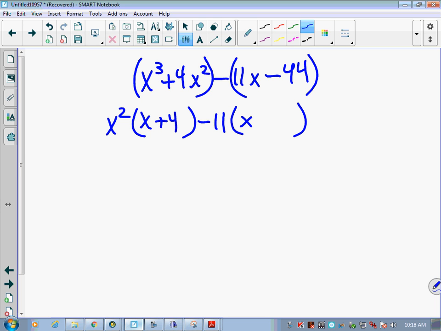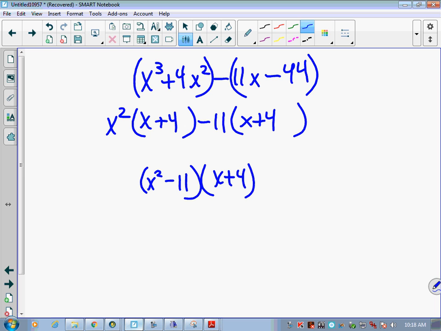I get x what? Plus 4. Now I've got 2 x plus 4s. What do they equal as I bring them down? Just 1 x plus 4, right? So I've got x plus 4. What do I get? X squared minus 11. Is 11 a perfect square? No, so I can't bring that down any further, right?